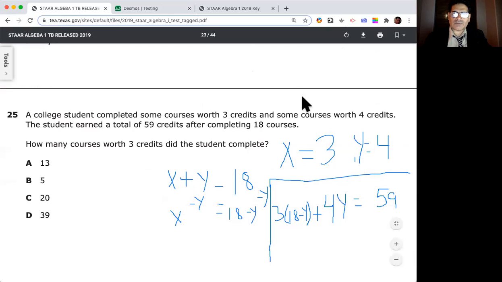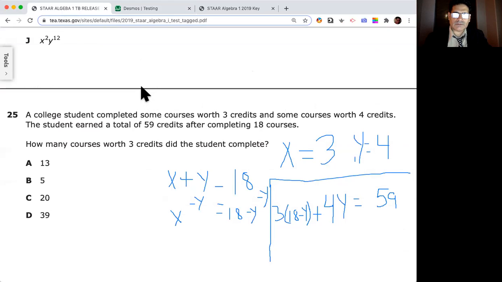54 minus 3y, is it? So we have 3 times 54 minus 3y added to 4y, and that's going to equal 59.